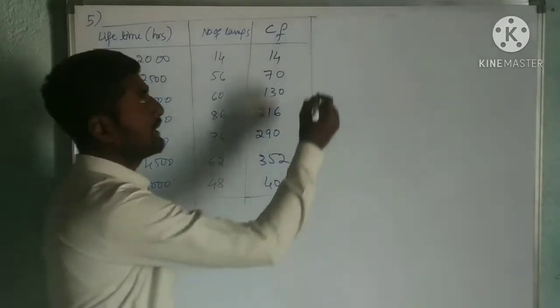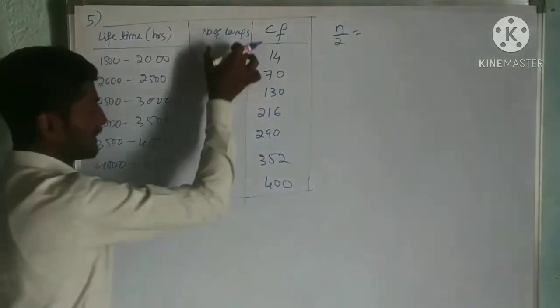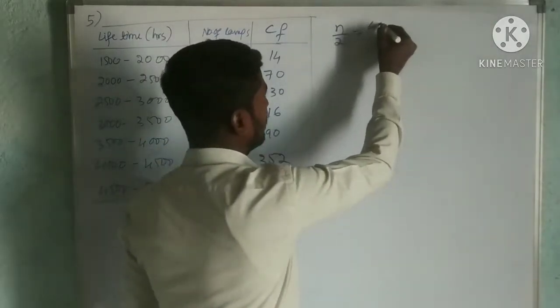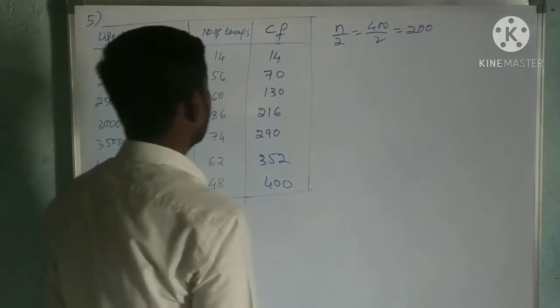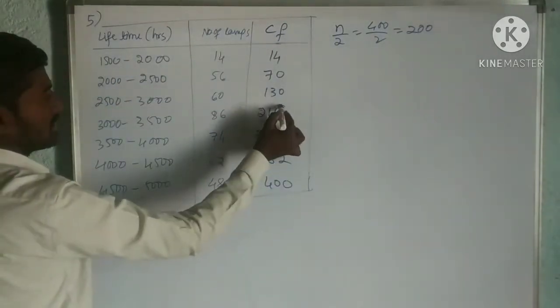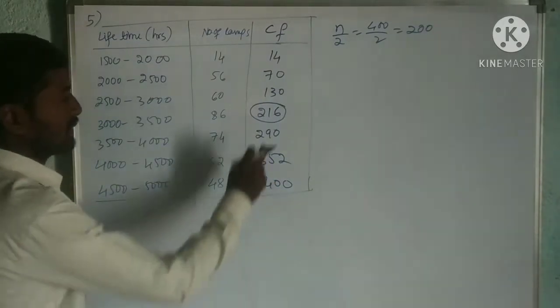To find the median, I need n by 2. Here n is the sum of the frequencies, which is 400. 400 divided by 2 is 200. The cumulative frequency just greater than or equal to n by 2 is 216 only.